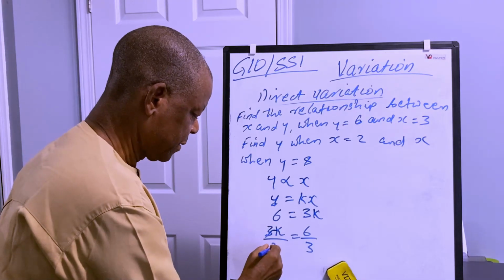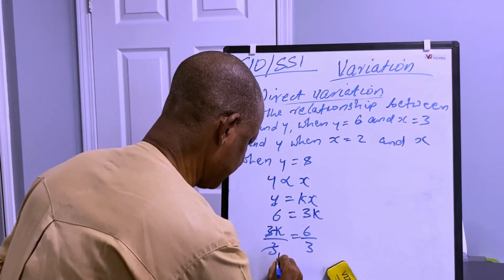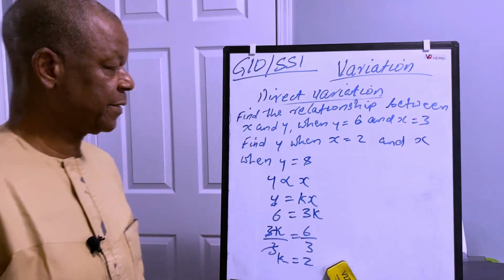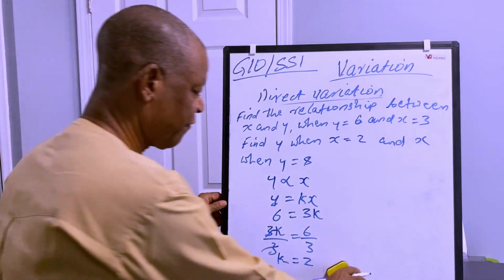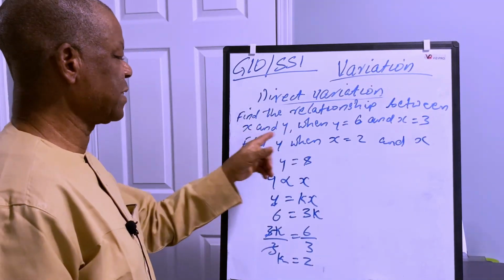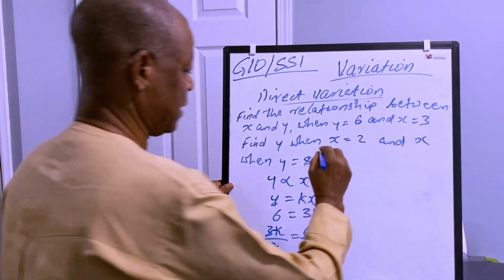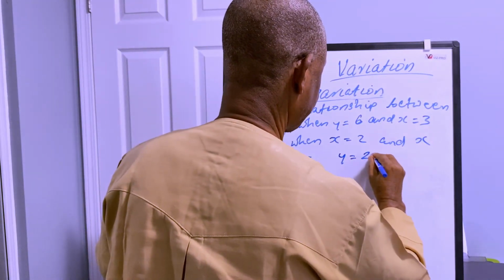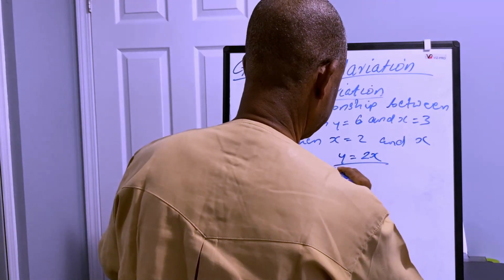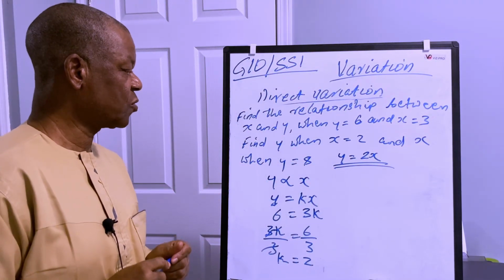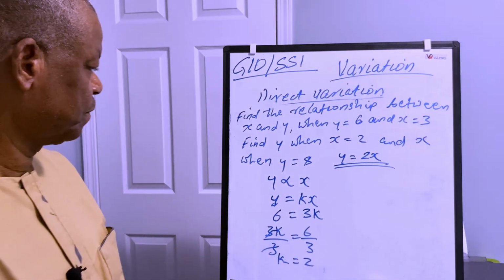And 3 cancels 3, k is equal to 2, which is 6 divided by 3. Having found the constant, we can now find the relationship between x and y. We now say that y is equal to 2x. We have found the relationship that y is equal to 2x.